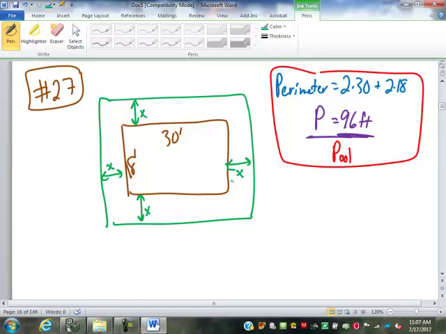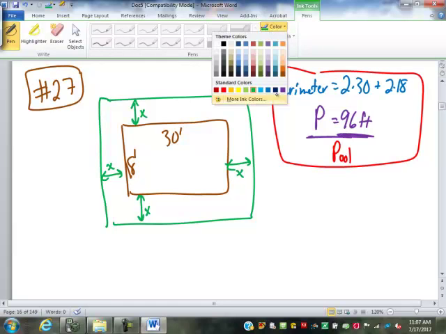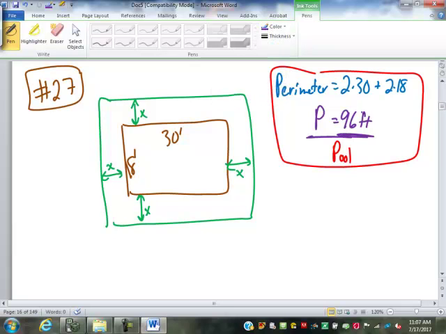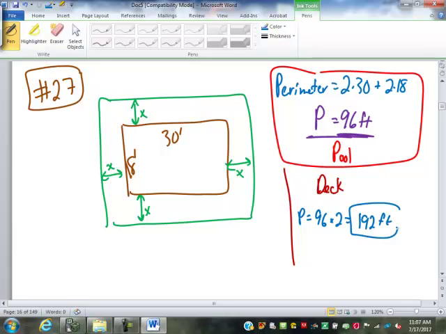There's another way you could do it. But it says the perimeter of the deck is exactly twice the perimeter of the pool. So that means the deck's perimeter has to be 96 times 2, or 192 feet.